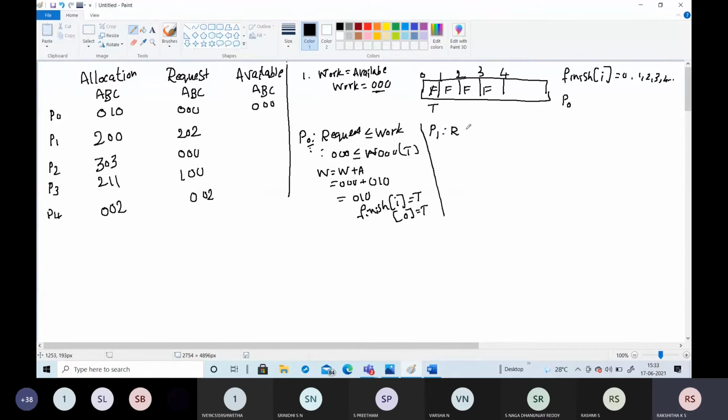Let me take the request is less than or equal to Work. What is the request for P1? It is 2, 0, 2, less than or equal to Work. What is the Work here?